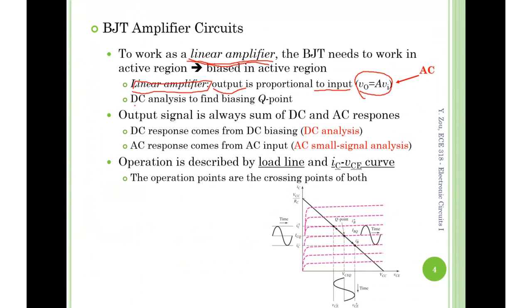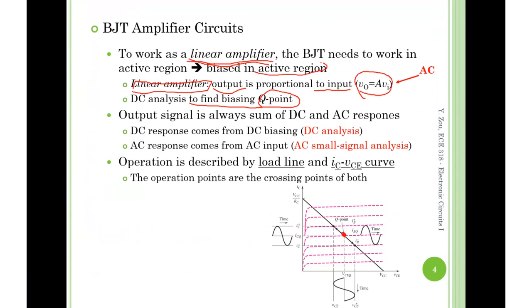And by the way, what is DC analysis for? DC circuit analysis is just for locating your Q point, the quiescent point, inside the active region.